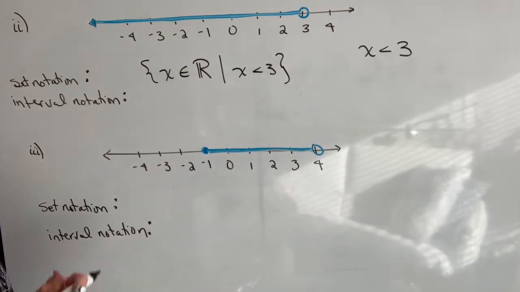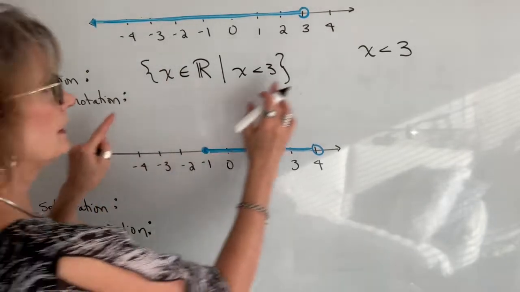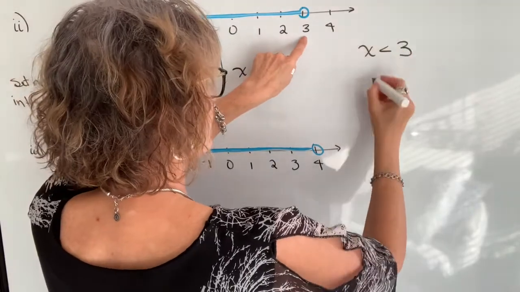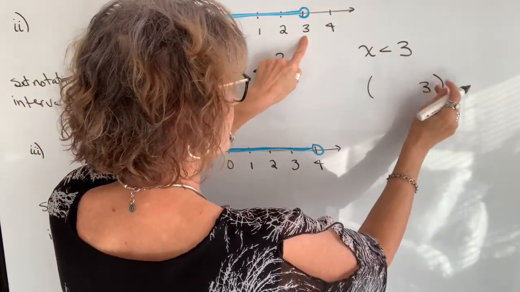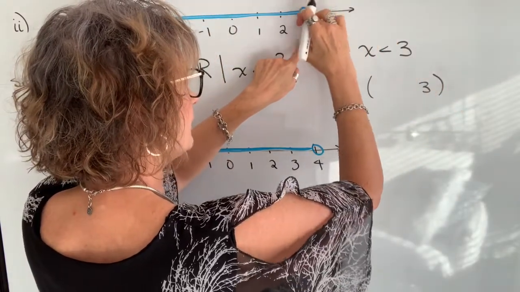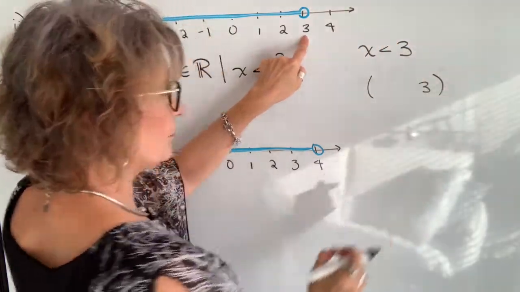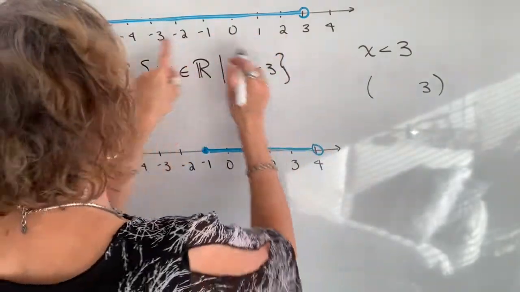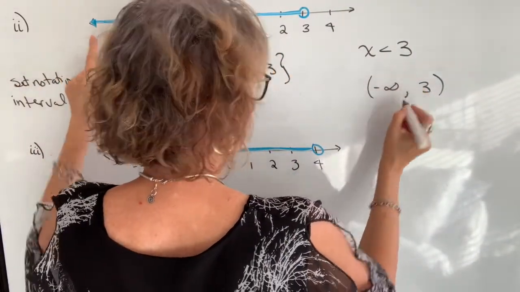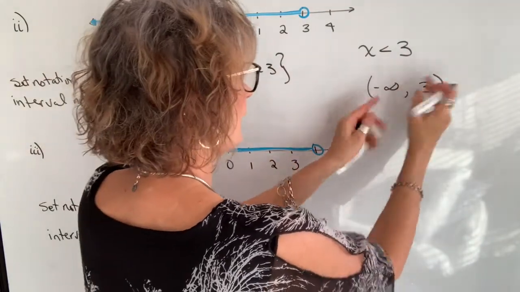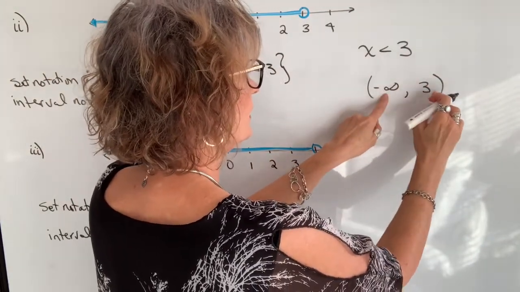If we were to write it in interval notation, the end point is 3, and it does not include the value of 3, so we use parentheses. And the starting point here is negative infinity. So we would say the range of values from negative infinity to 3.